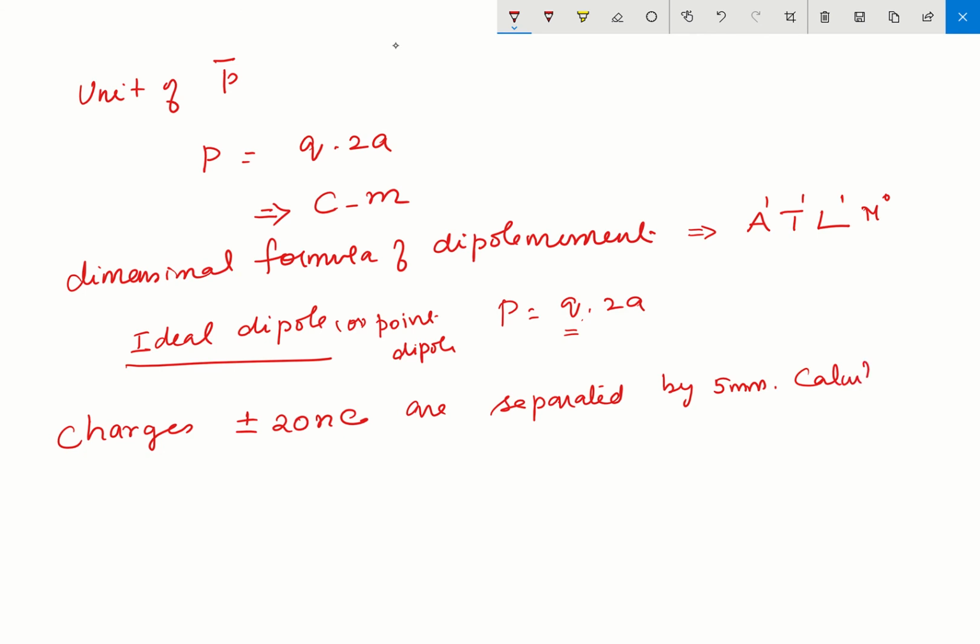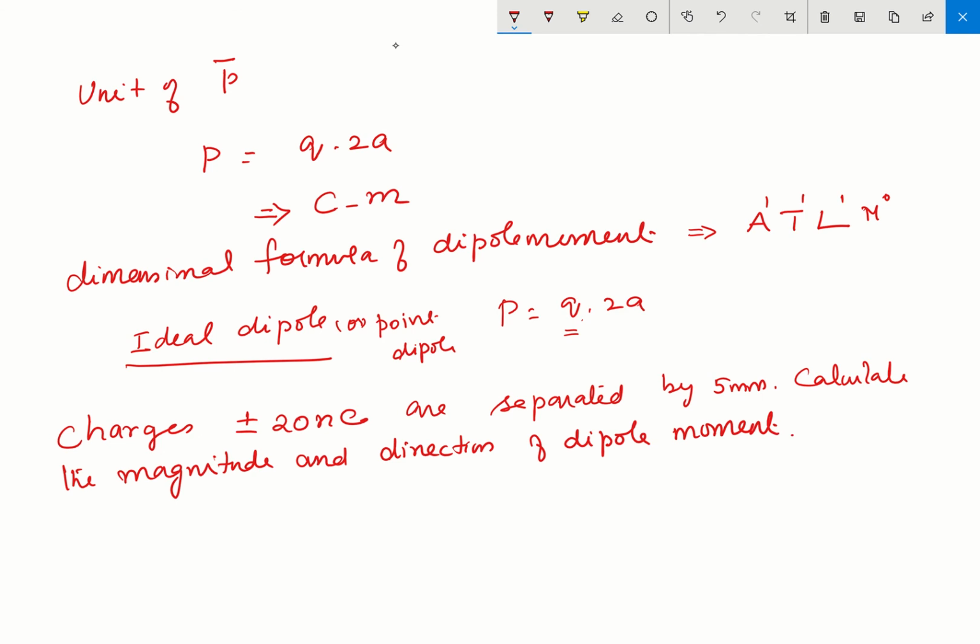Calculate the magnitude and direction of the dipole moment. Here the charge is 20 nanocoulomb, and you are asked to find the magnitude and direction.